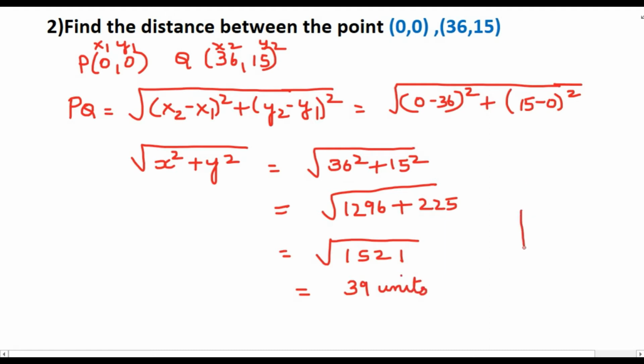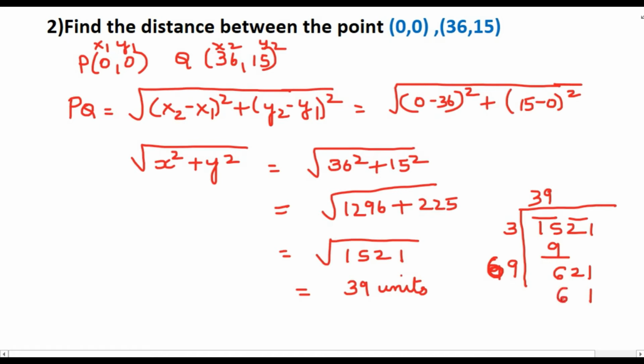The square root you can find out by the long division method. 3 3s are 9, then bring down 621, again 3 plus 3 is 6, and I am going to try with 9. 9 9s are 81, and 9 into 6 is 54 plus 8, 62.